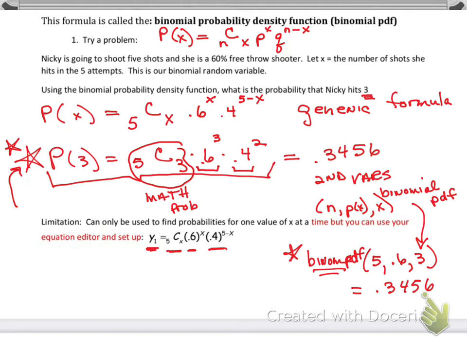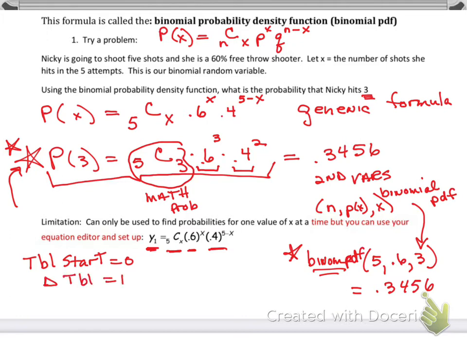And then once you have that in there, I want you to go to second table set and start your table. So second table set, and then you're going to start your table at 0 and go up by 1.